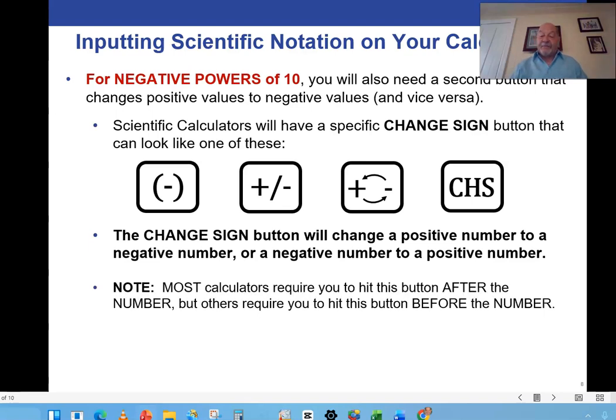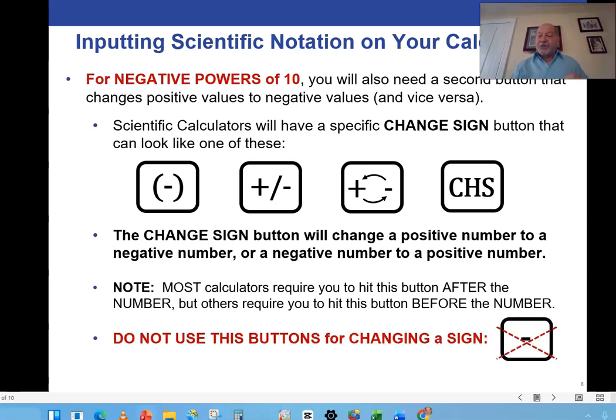And this works either for powers of 10 or for the whole number itself, depending on when you hit the change sign button. Now, most calculators require you to hit this button after you've typed the number, but there are some other calculators that require you to hit it before the number, and there are a third group of calculators that let you do it either way. You're going to have to experiment with your particular calculator to see which format you have to use the change sign button.